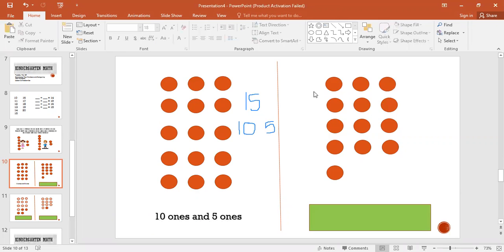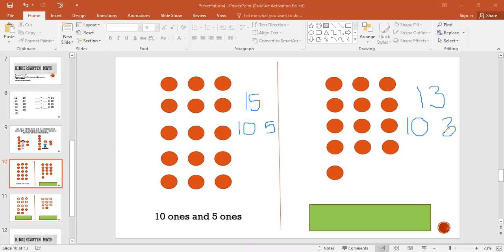Let's go ahead and count my second part to see how many pennies I have here. 1, 2, 3, 4, 5, 6, 7, 8, 9, 10, 11, 12, 13. So I have 13 pennies. How do I say 13 in the say 10 way? 10, 3.